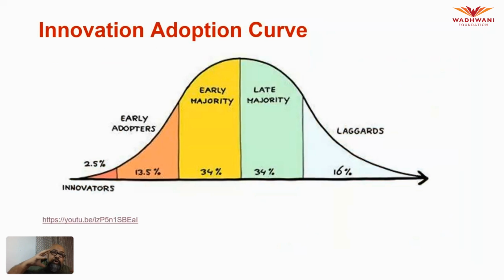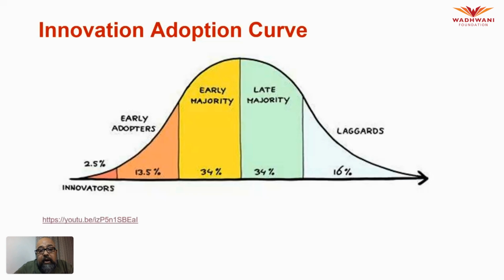So I'm going to talk about what is this innovation adoption curve. Who are early adopters? Who are innovators? What is the role that they play when it comes to launching your product? Who are early majority, late majority, and laggards, and what are their indicators that they are there in your cycle, and how does this pan out with the product life cycle?